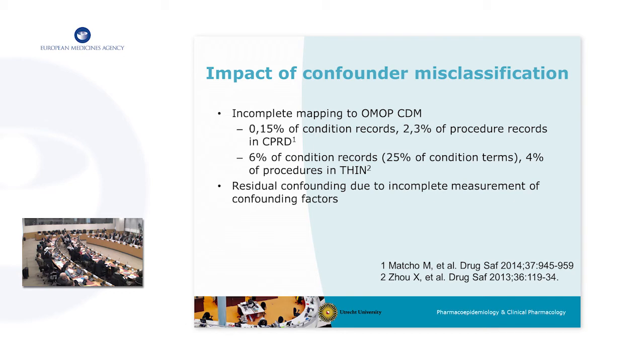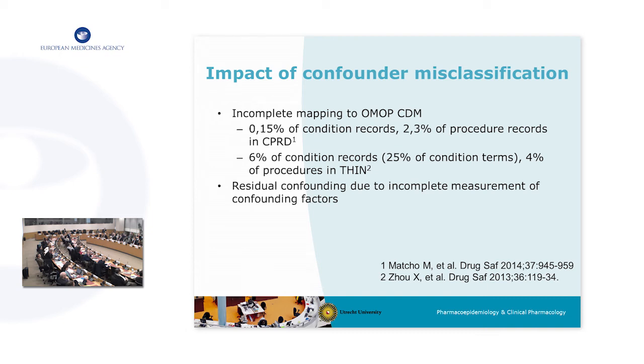So the other potential source of bias that we should be worried about is confounding bias. And the impact of confounder misclassification, also again due to potential loss of information when we map to a common data model.